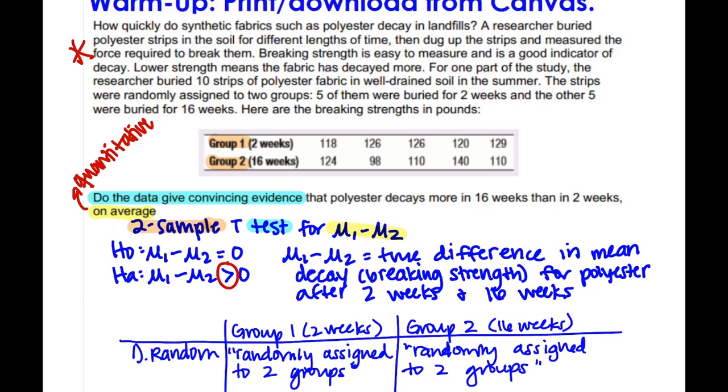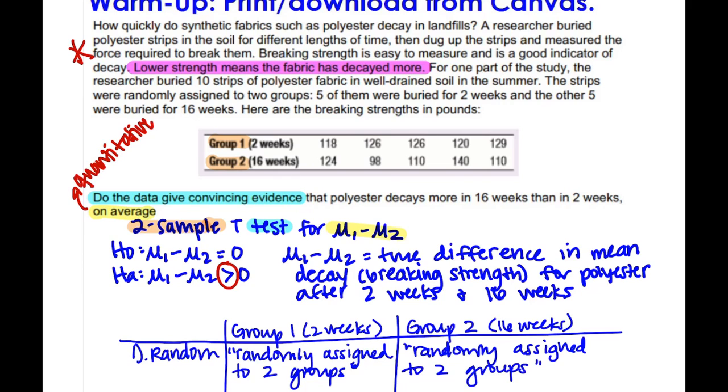And so you might be wondering, how did I know to put a greater than sign? Right here is the important part. Breaking strength is easy to measure and is a good indicator of decay. Lower strength means the fabric has decayed more. And so that means that in 2 weeks, we should have a higher score than in 16 weeks. And so we have mu1 minus mu2 is greater than 0.